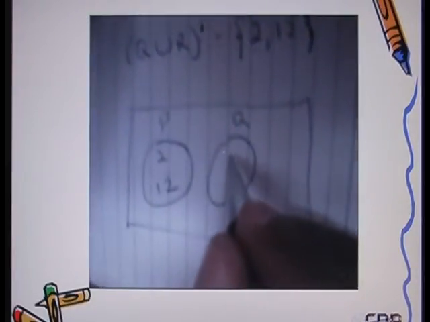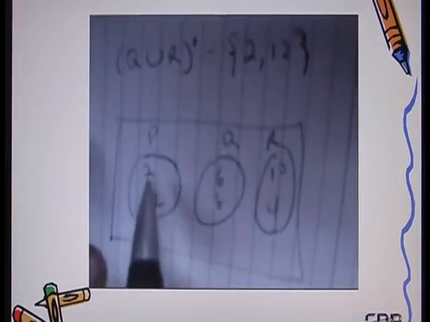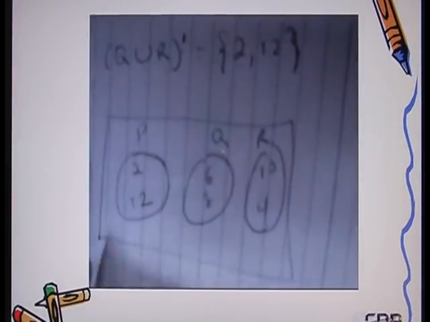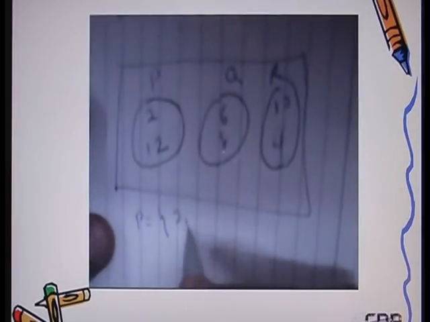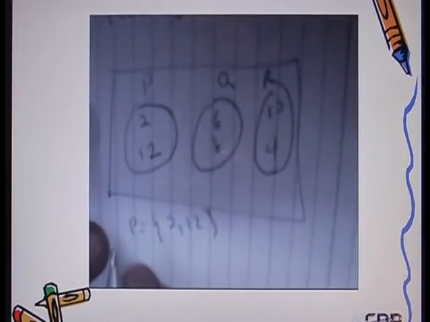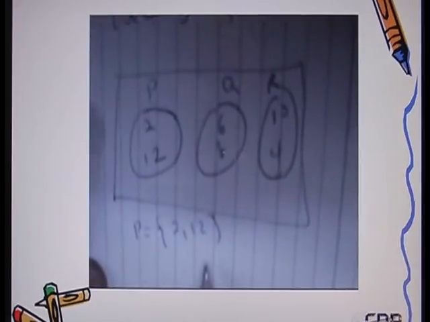And then whatever Q is could be any of the other numbers, 6 and 8, and R could be 10 and 4. But what we want is P. So the members of P are 2 and 12. Alright, so that's very good.